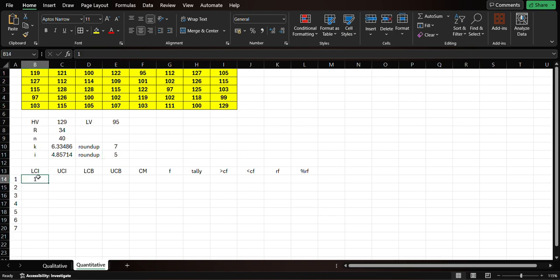Since the class width is 5, if I'm going to count starting from LCI, that should be 1, 2, 3, 4, and 5. So the upper class interval should be 5. If I continue the counting, the next number after 5 would be 6, so this would be 10, 11.